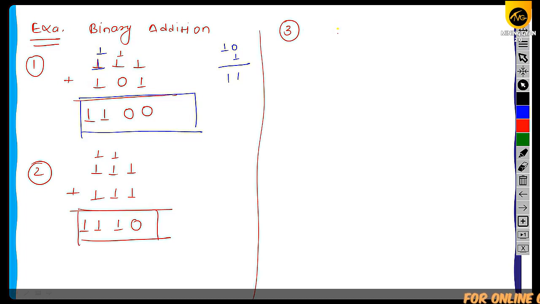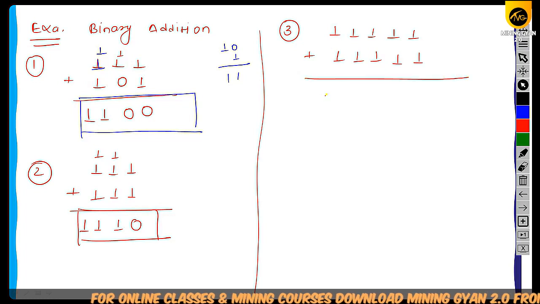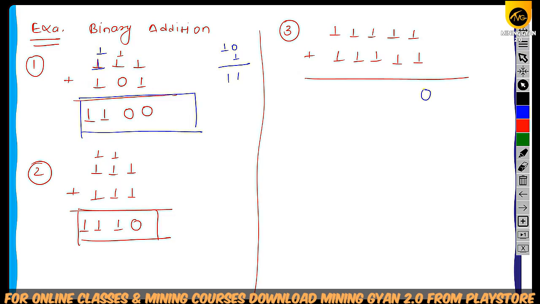Example number 3 is 1 1 1 1 1, and again all ones, 1 1 1. Now 1 plus 1 becomes 1 0, so 0 is here, and the carry will be in the next column. So 1 plus 1 is 1 0, and 1 0 plus 1 is 1 1, so again it's a 1, and again 1 carries to the next column.